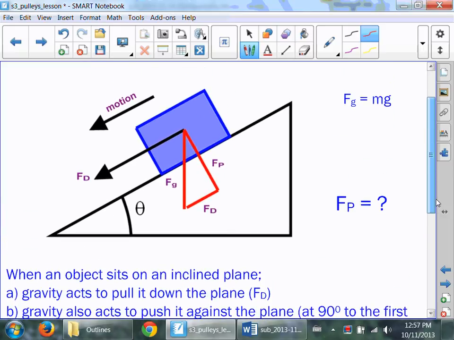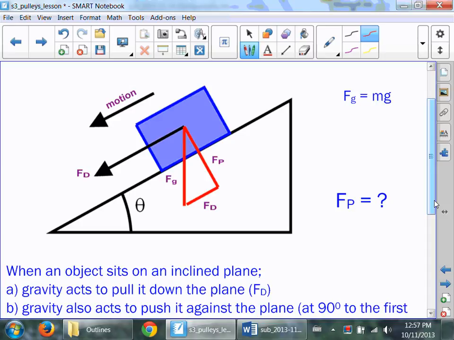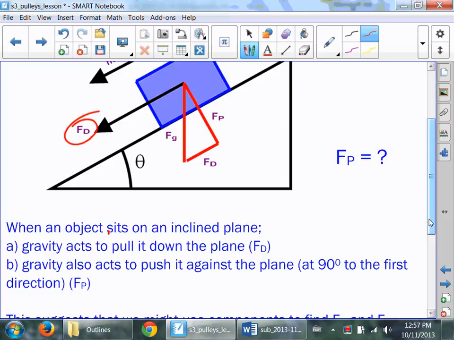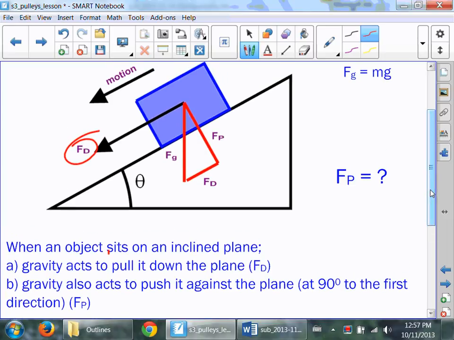So, when an object sits on an inclined plane, gravity acts to pull it down the plane. That's Fd. Gravity also acts to push it against the plane at 90 degrees to the first direction. That's Fp. So this is perpendicular. This is Fp.